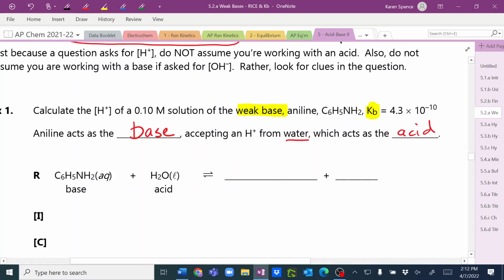We have C6H5NH3 plus. And what's our other product? OH minus. What can we fill in our rice table at this point?